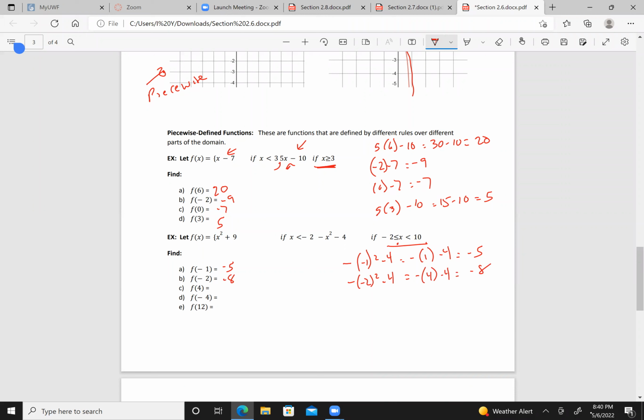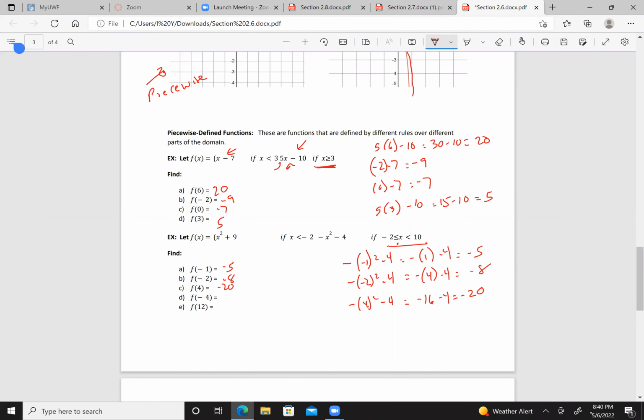Okay, now I'm looking at f of 4. Well, 4 is greater than negative 2 and less than 10. So it's the same thing. The negative of 4 squared minus 4 equals the negative of 16 minus 4 equals negative 20.